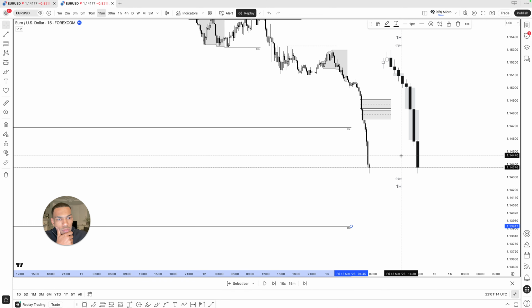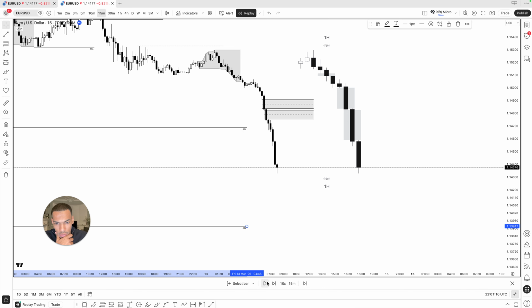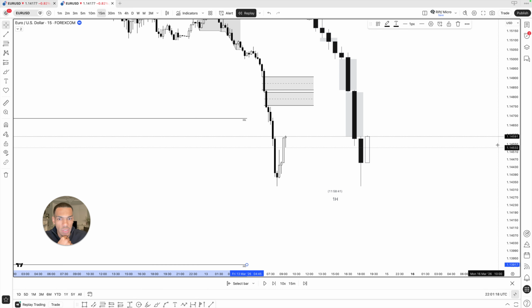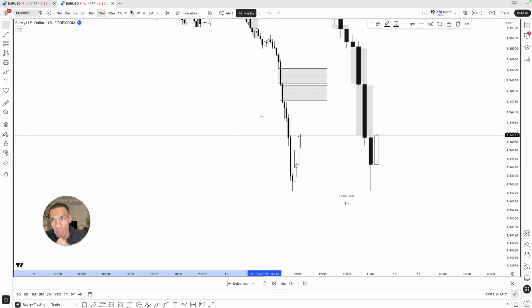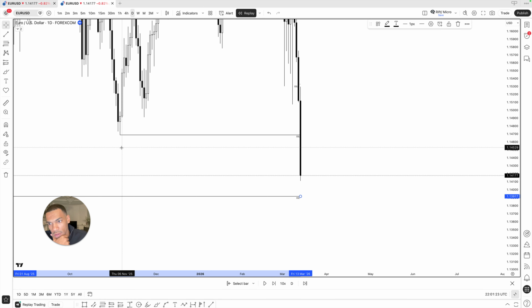Yes, I'm sure we don't actually get to this level. No. So you see, we take out this area of sell side liquidity, the one that was printed on the 5th of November, right? This was printed on the 5th of November.